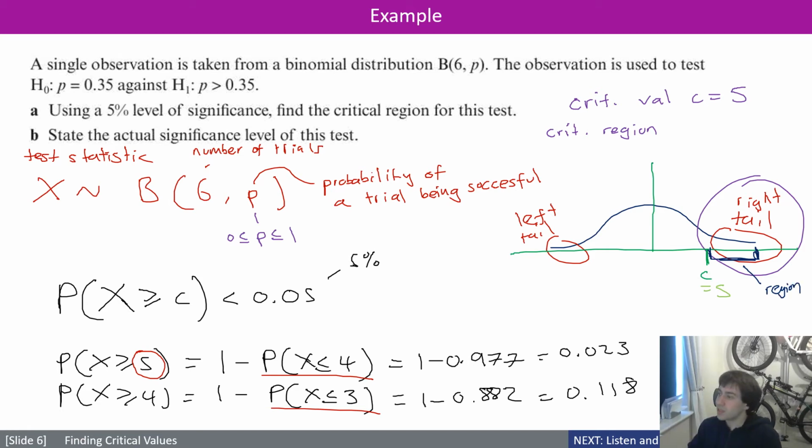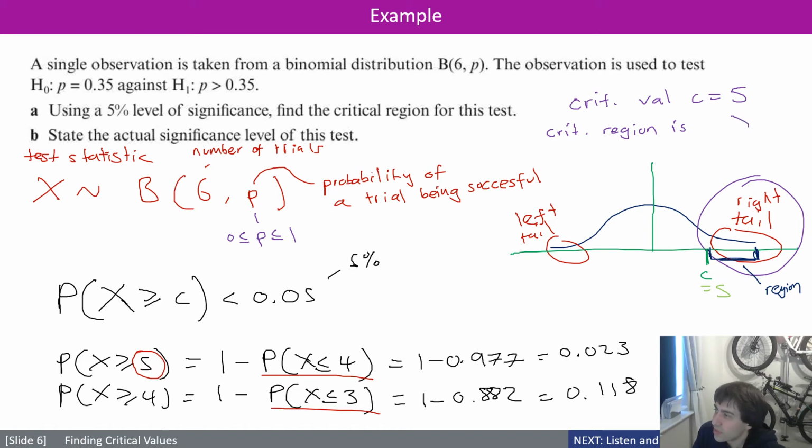So think about how many tests there are. There's 6 tests, and I just said 5 is the critical value. So the critical region is anything that's 5 or above. So in other words, 5 and 6. That's the only possibilities. So the critical region, we can write it a couple ways.